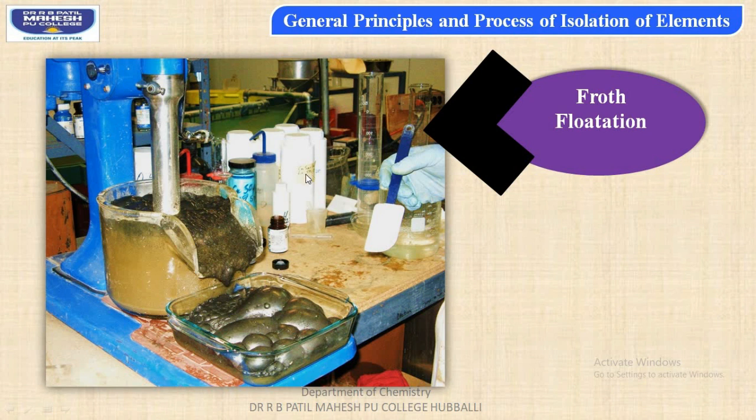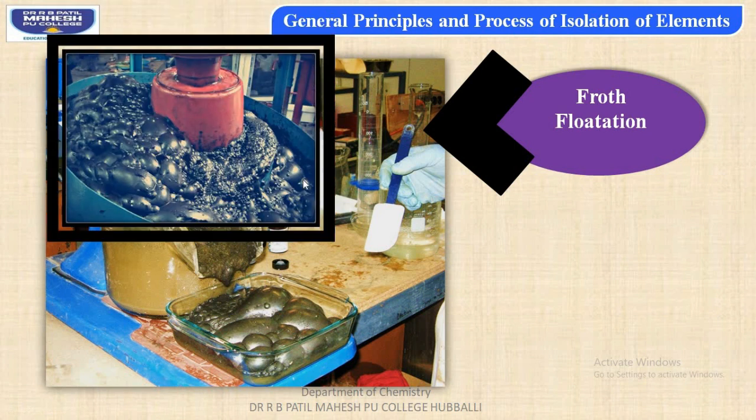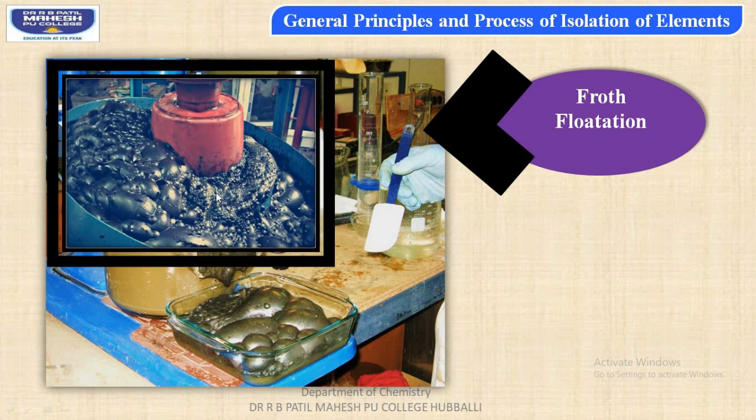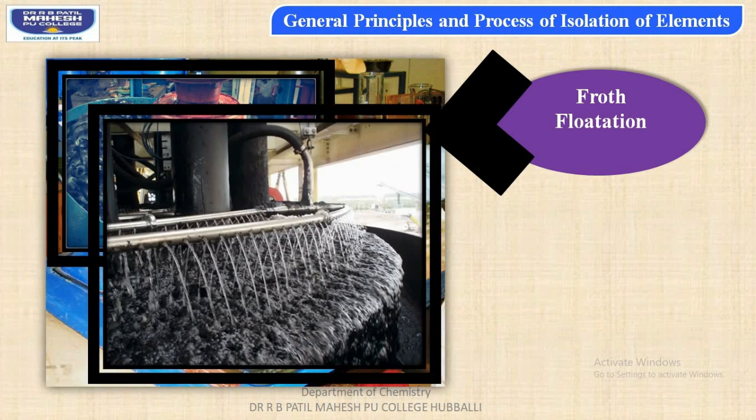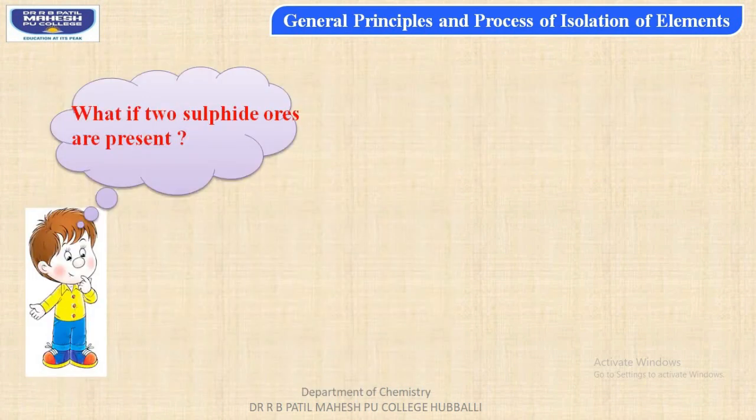So this is done in a lab. Next diagram also represents the froth flotation process done in a lab. And the third diagram, students, represents the industrial scale froth flotation process. Now students, question arises, what if two sulfide ores are present?